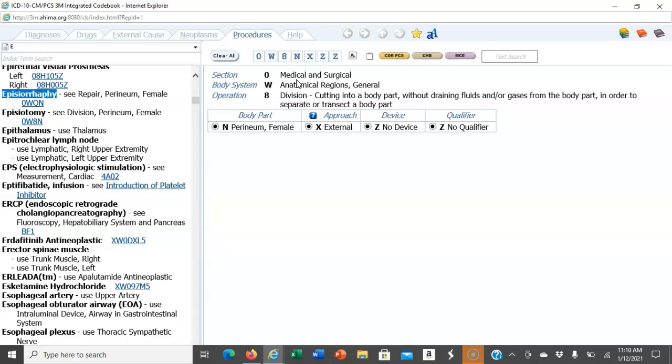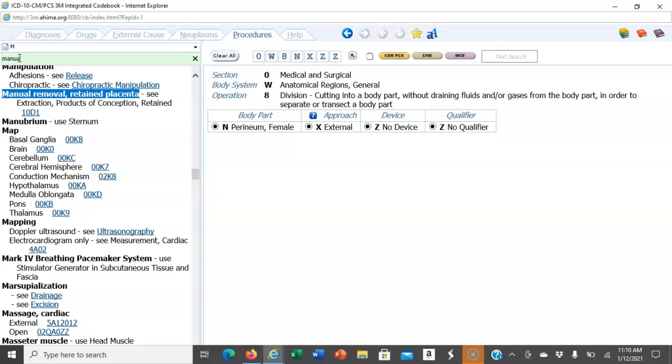Remember that when we're coding from obstetrics, those procedures are for the product of conception, which the baby is the product of conception. So when you look up the code for episiotomy, here it is, full code. You'll use it often. You may just want to write it down. It's not going to change. Nothing will impact it.